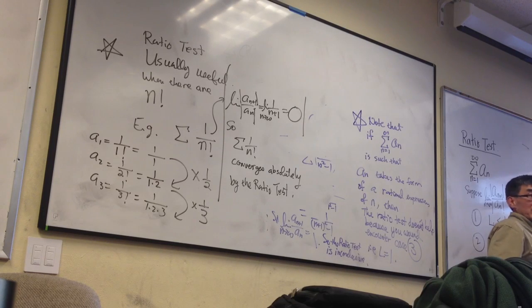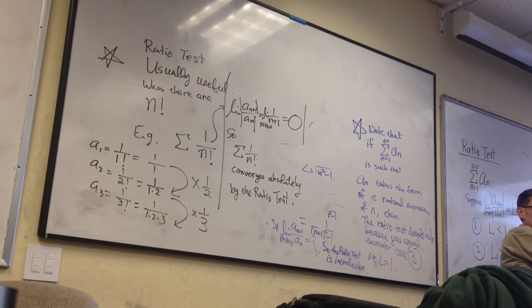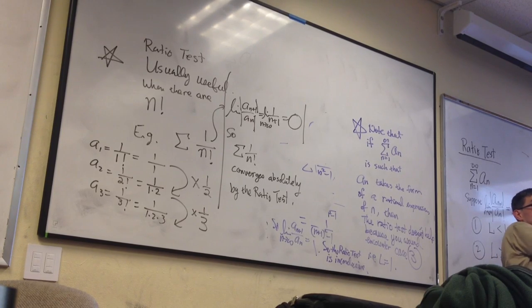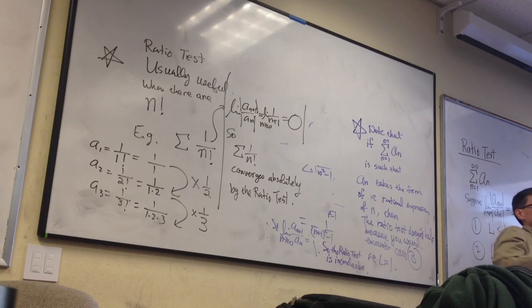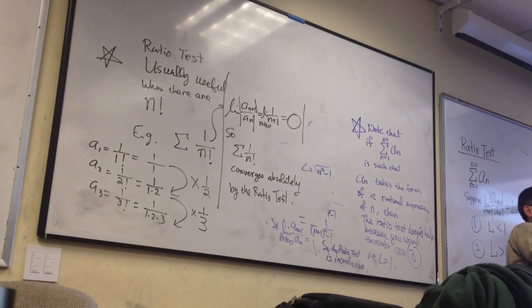And therefore it must be divergent. Why? Because if L is bigger than 1, that essentially says after a while, the absolute value series from one term to the next has actually become bigger. And therefore, the individual terms do not converge to 0 anyway, and therefore the original series diverges because of the test for divergence.